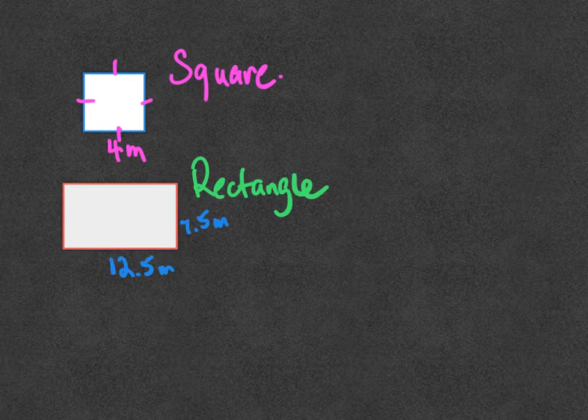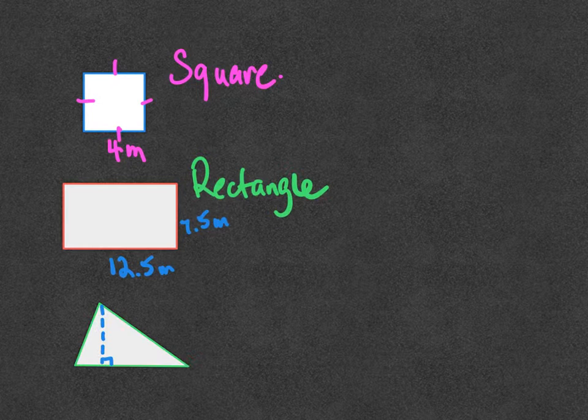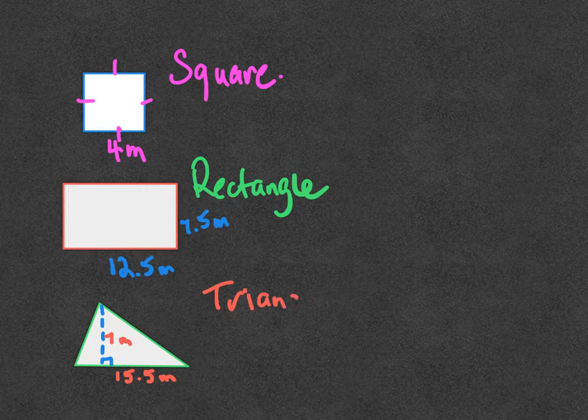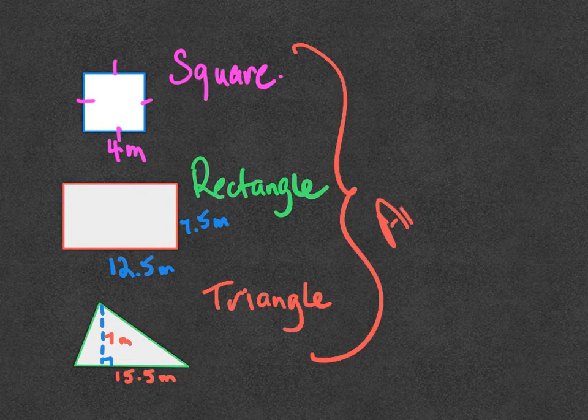And our last one will be our triangle. Our dimensions here, let's say that's 7 meters, and this is 15.5 meters. So this is our triangle. I want you to work out the area for all of these.